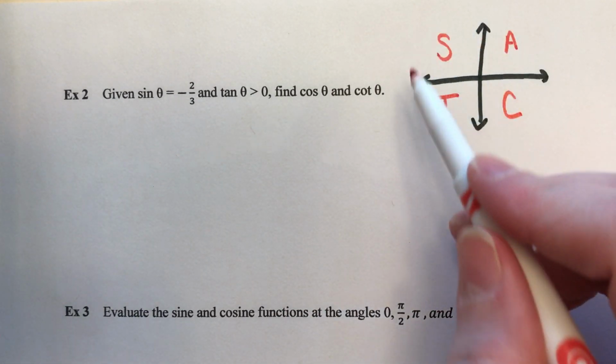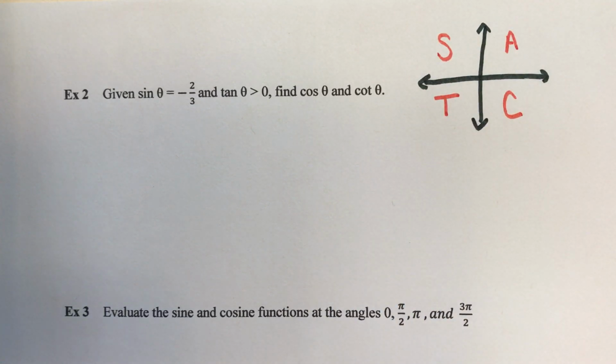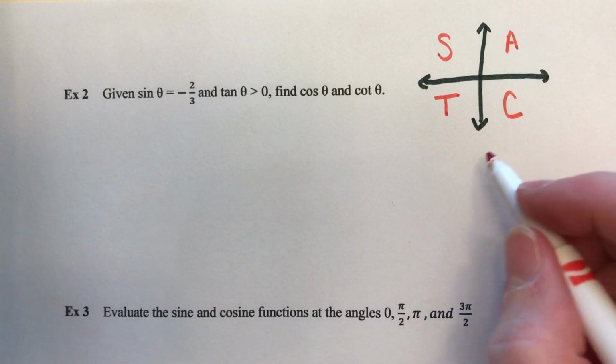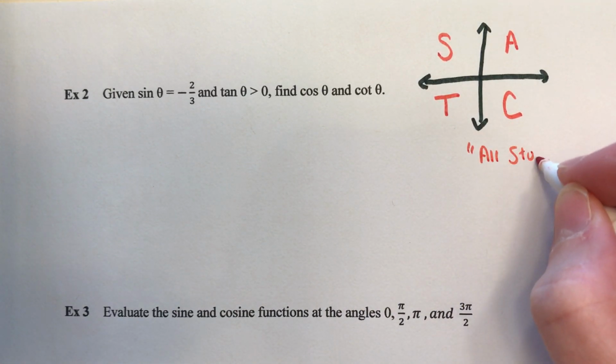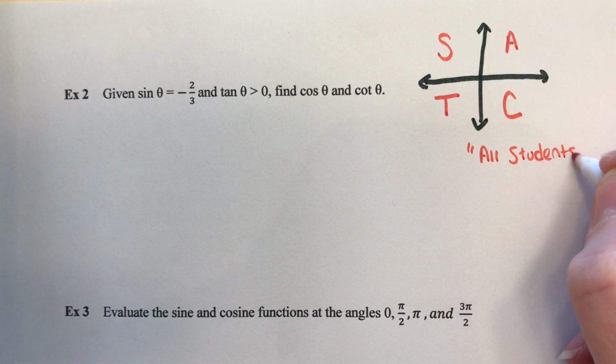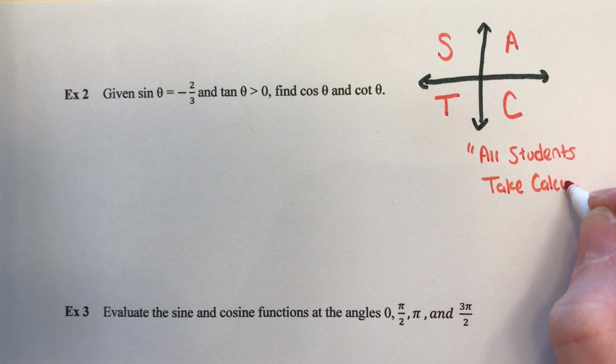If you remember it this way, you can remember which quadrants each one is positive in, and all the other ones are negative. An easy way to remember this is to use the mnemonic device, All Students Take Calculus.